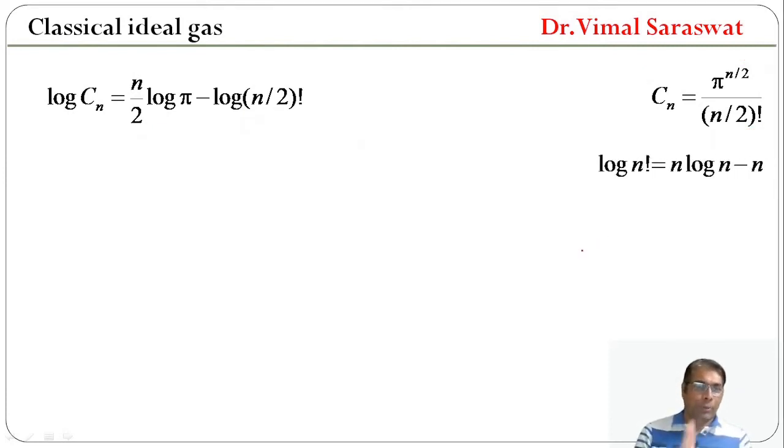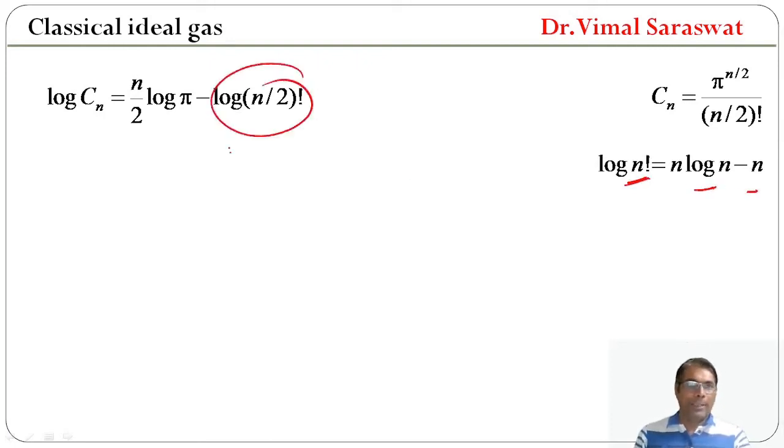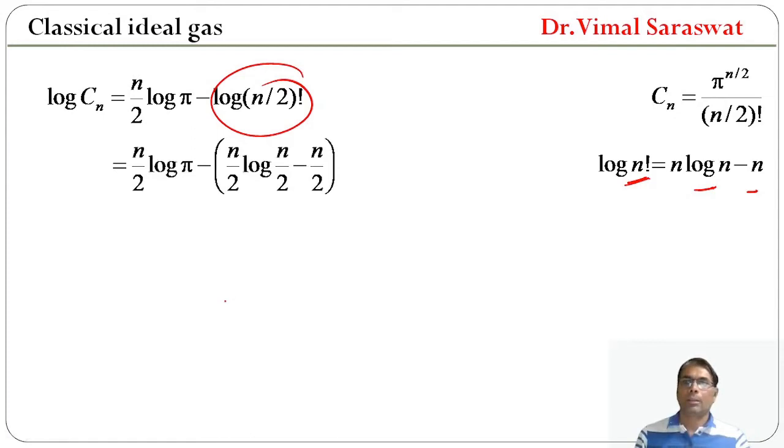From Stirling approximation, log of factorial n equal to n log n minus n. So this will be n by 2 log n by 2 minus n by 2. So log Cn is equal to n by 2 log pi minus n by 2 log n by 2 minus n by 2.